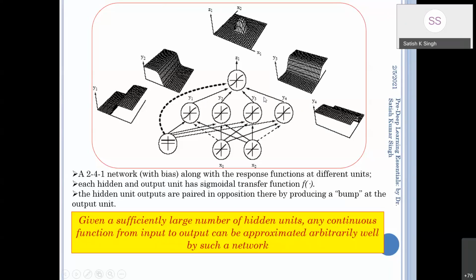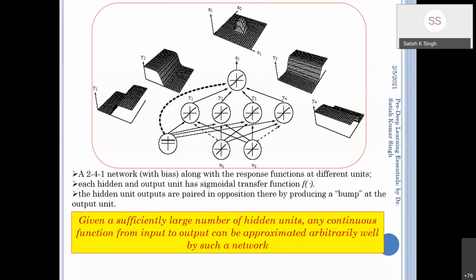This is a simple 3-layer net. Each hidden and output unit has a sigmoidal transfer function. It may have any other transfer function as well. The hidden unit outputs are paired in opposition, thereby producing a bump at the output. Appropriately, you can add up those functions for generating any complex function with the help of only a 3-layer net.